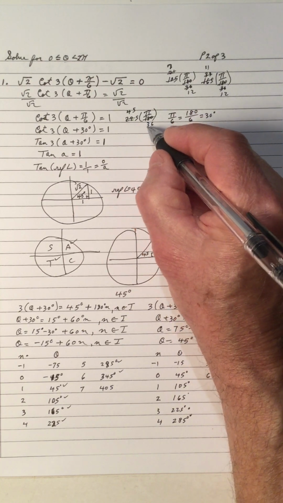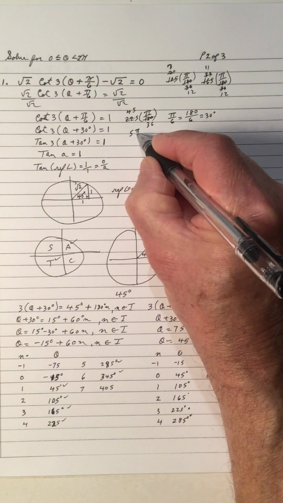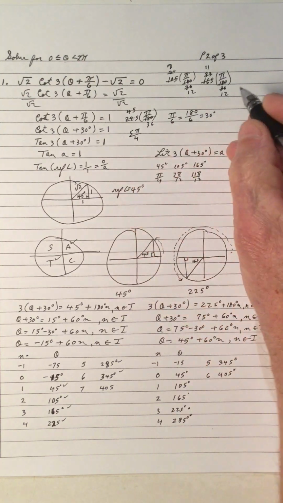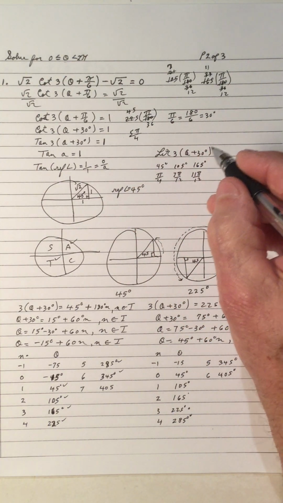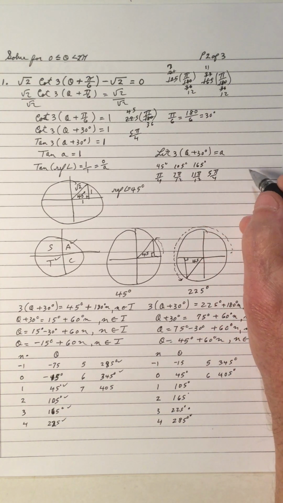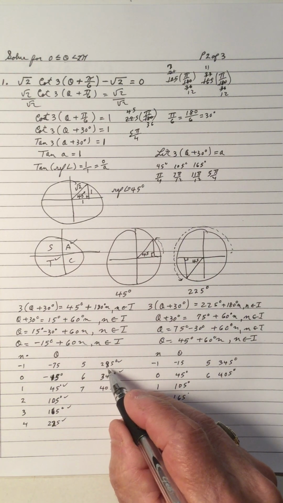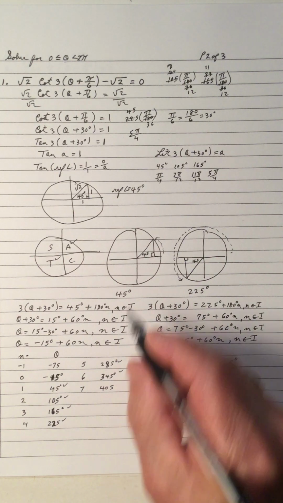Now 9, I see a 9 here. So that's 5 pi over 4. So this becomes 5 pi over 4. And so we're just converting to radians. So we have 285 to do now.